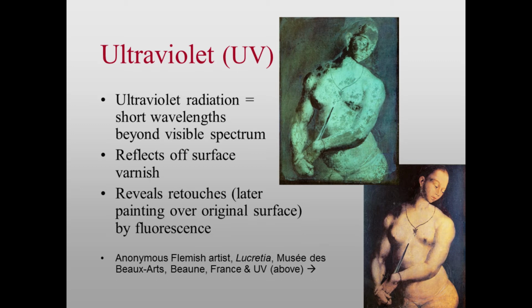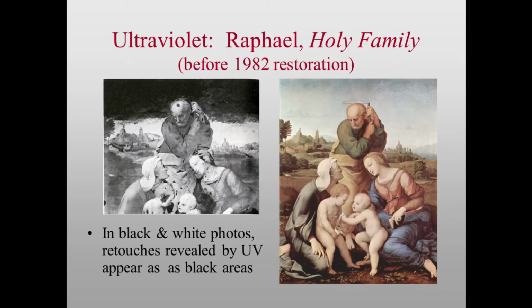And someone else in the past has just painted over those places. Or sometimes they just paint over, and we'll see an example in a minute. Sometimes they will simply paint over what the original artist painted for one reason or another.